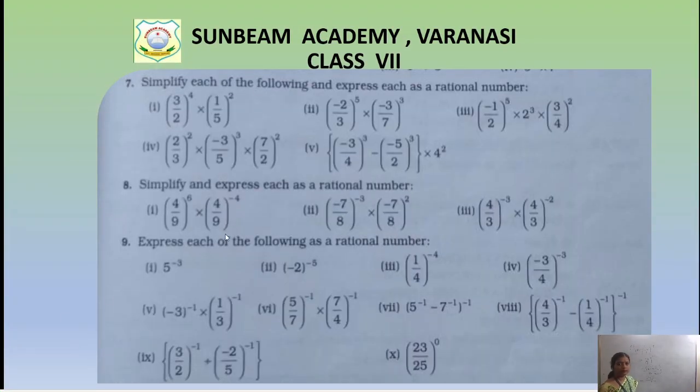Next part is the fifth part: minus 3 to the power minus 1 into 1 by 3 to the power minus 1.